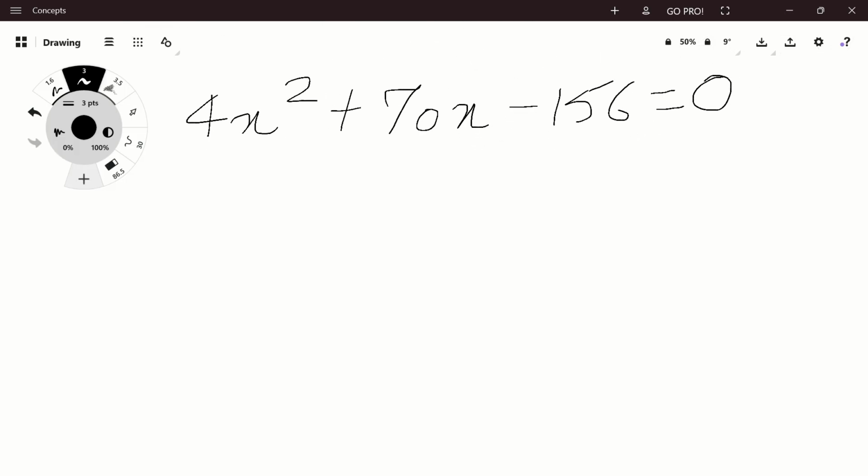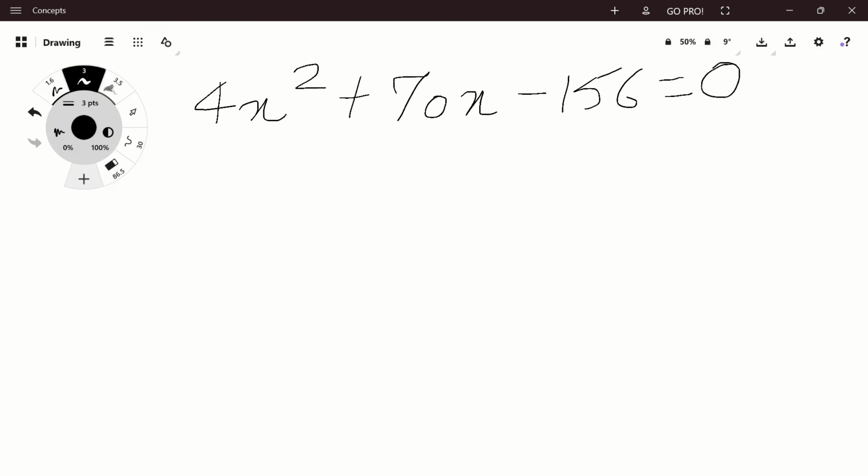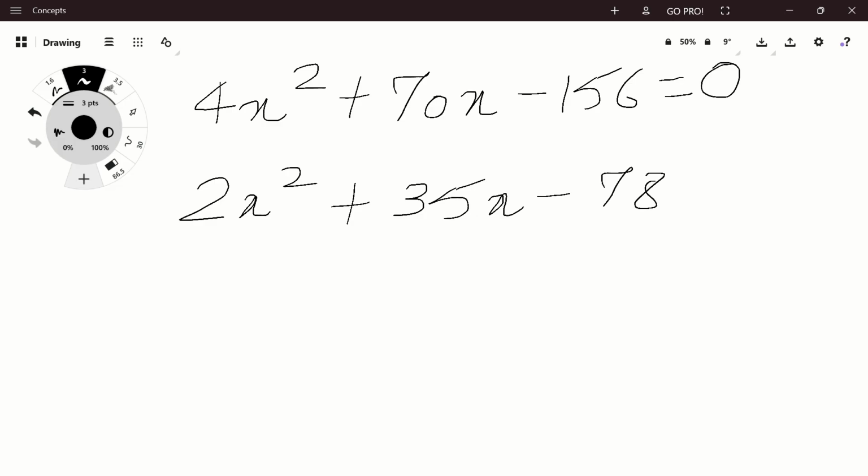Now, dividing this equation by 2 to simplify it, we get 2x square plus 35x minus 78 is equal to 0.